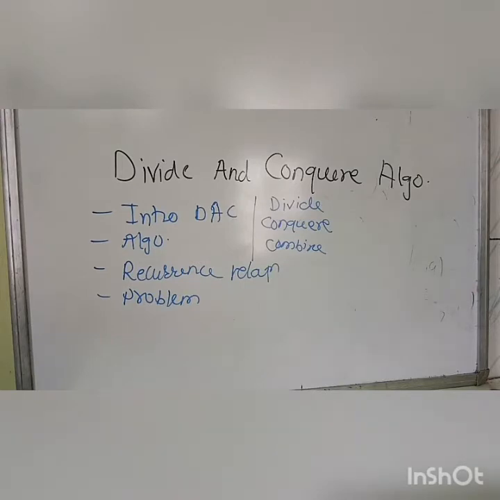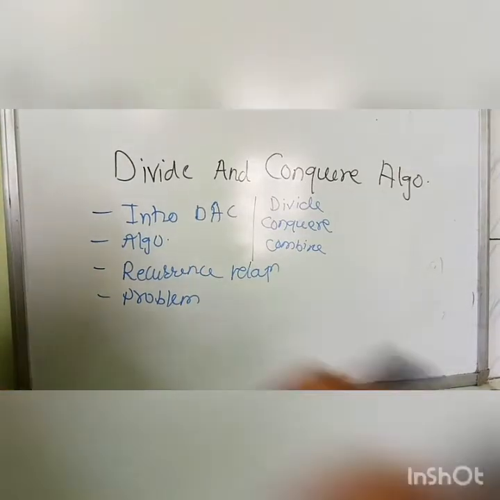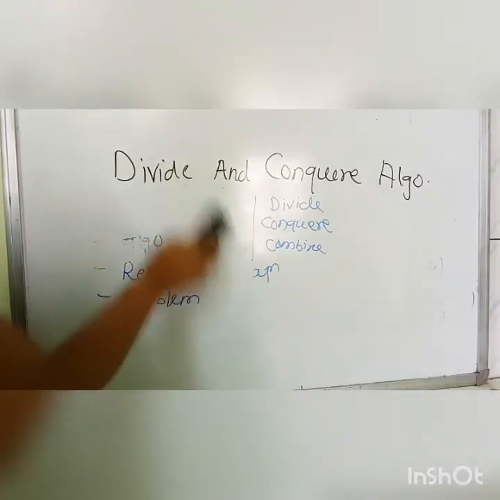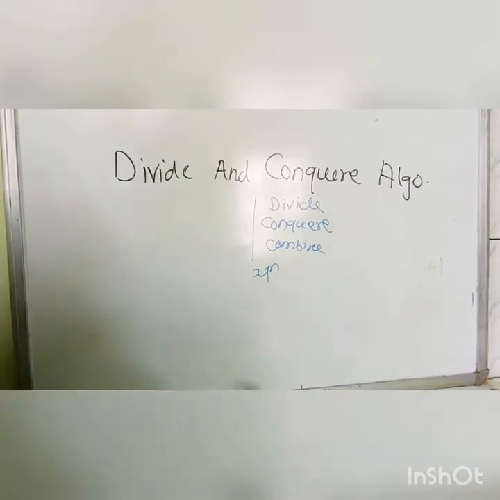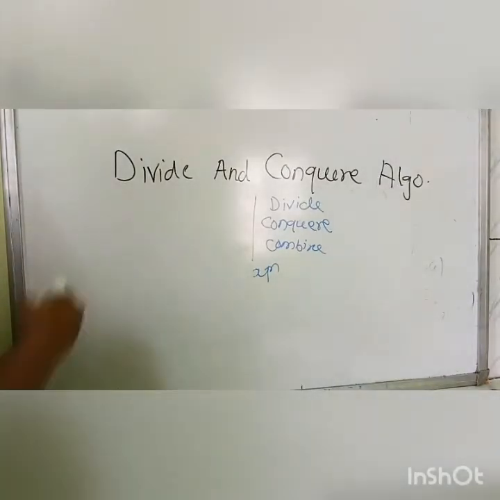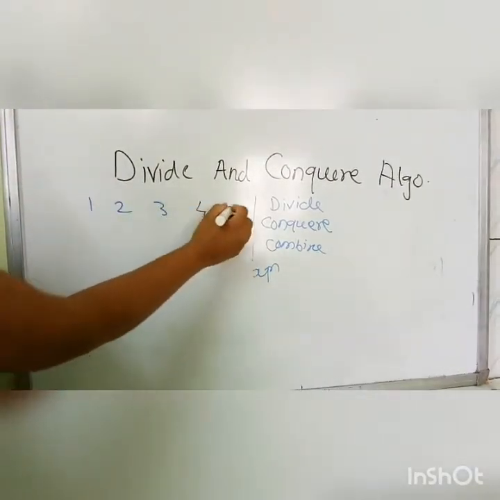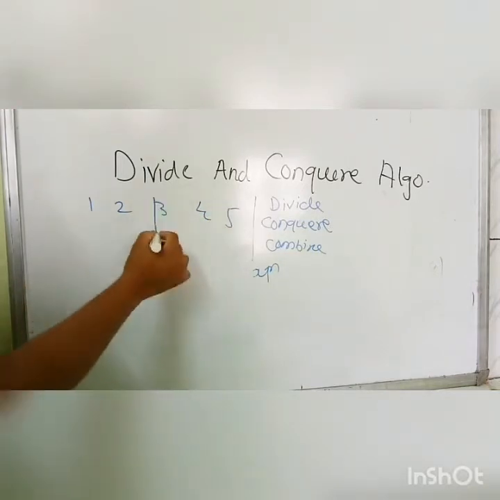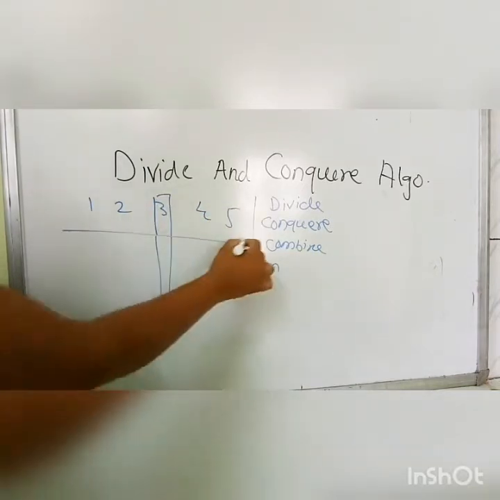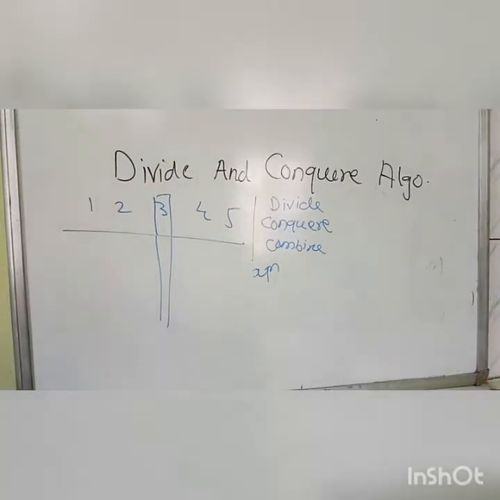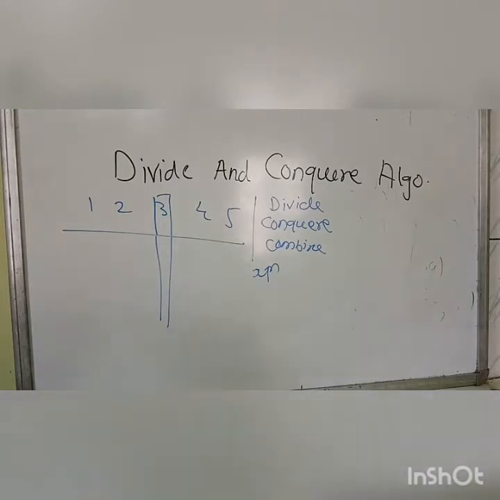The dividing is nothing but splitting our whole problem or the array into two separate parts. Suppose we consider the array 1 2 3 4 5, then we have to divide it by picking any one element as a middle and separating this array into two separate sections.